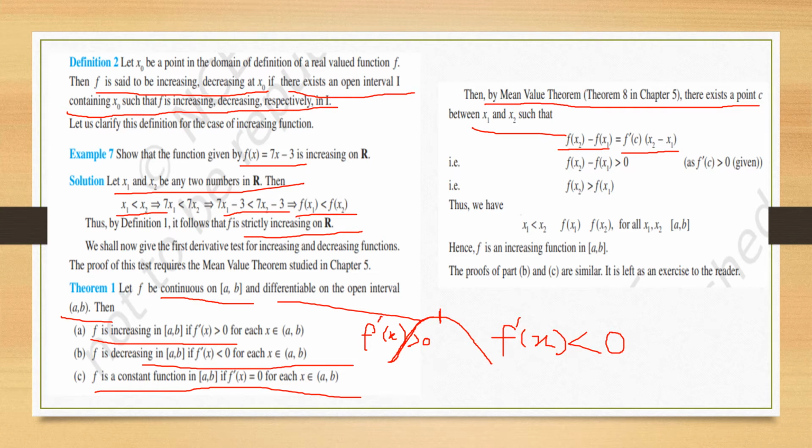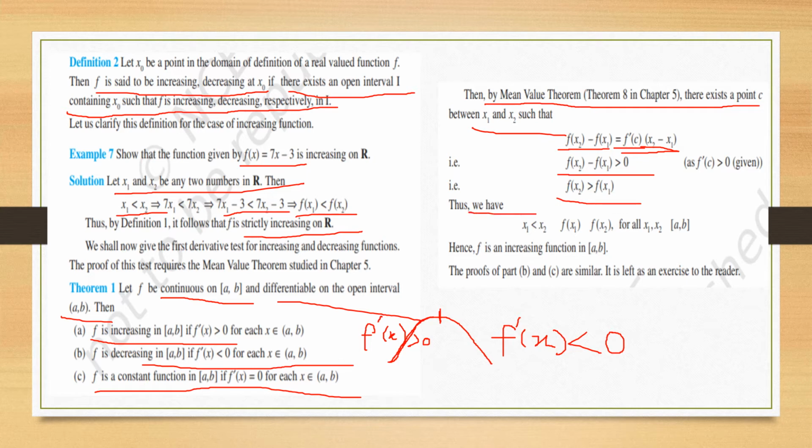So on cross multiplying we get this condition. Now f dash c is positive, it is given, and x2 minus x1 is again positive as the larger point. So this side is positive, that means f of x2 minus f of x1 is greater than 0.